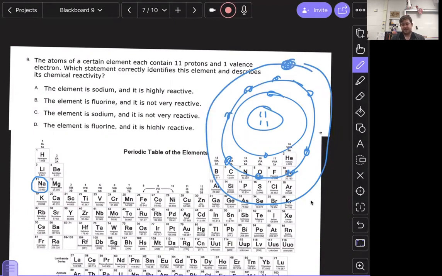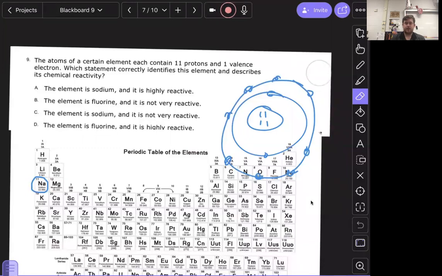All I have to do is get rid of this one valence electron, and that's easy for them to do by just erasing it. By me erasing it, I'm simulating a chemical bond. All right, so it'd be an ionic bond, but I'm very, very reactive because I'm so close to winning the game. I'm so close to a full outer shell.